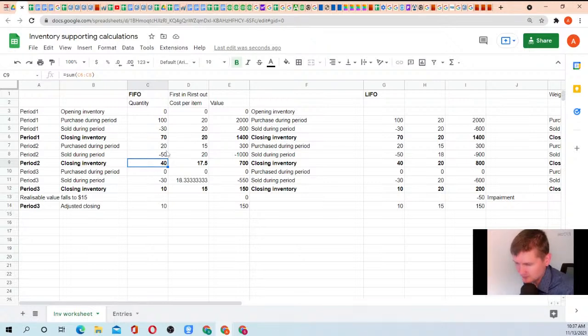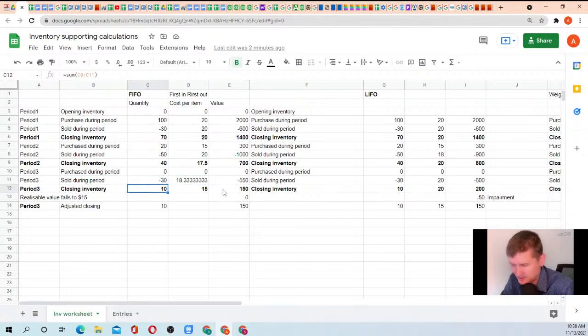So let's continue. So we see we sold 80. So we have 20 left over of the $20 items. And because we use first in, first out assumption, we need to use 10 of the $15 items. And I basically calculated here 20 by 20 and 10 by 15. I got 550 and I figure out the average cost of what I used in the cost of sales, what I sold.